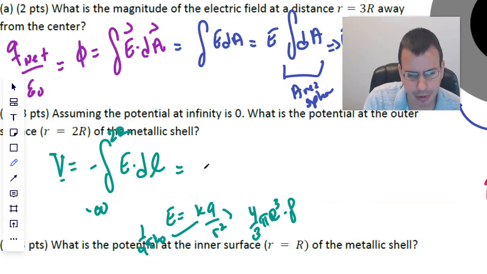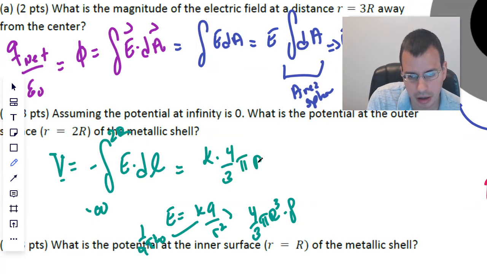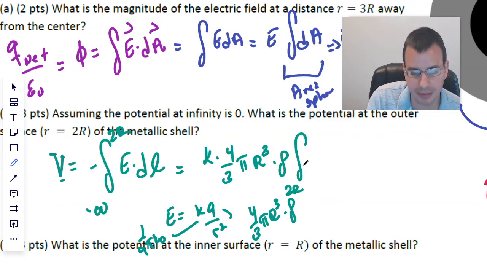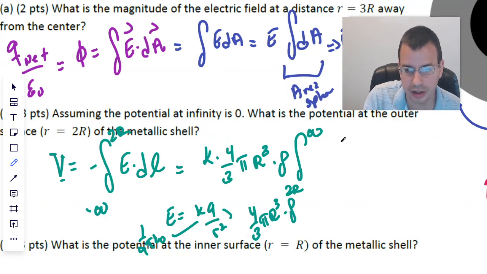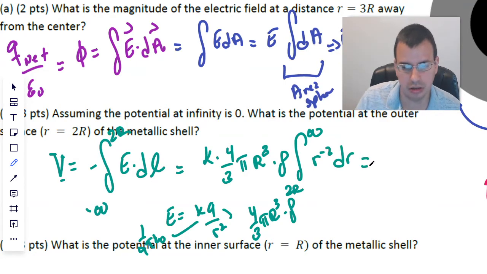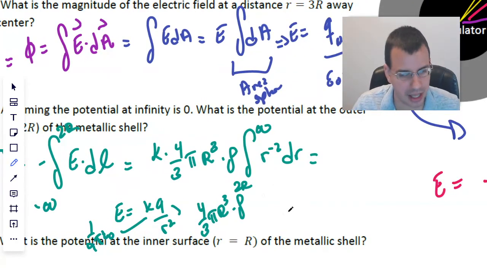We pull out k times 4/3 pi R cubed times rho, and then I'm going to get rid of the negative by flipping the limits of integration. We're left with r squared, which I'll write as r to the negative second, dr. Yep, I'm good with that.